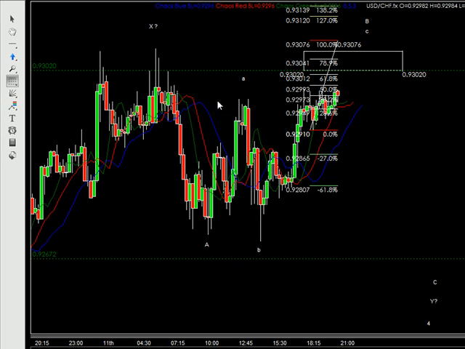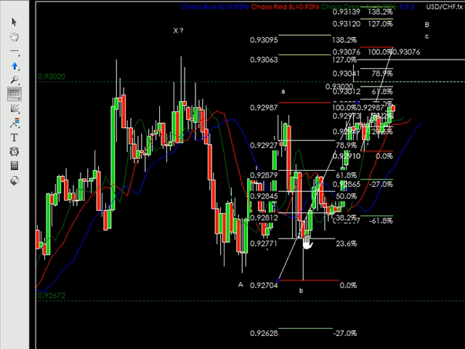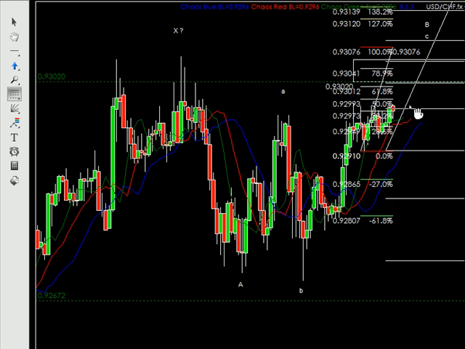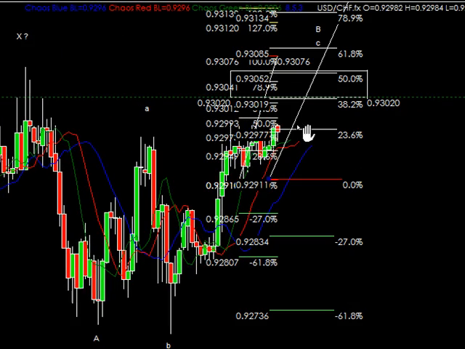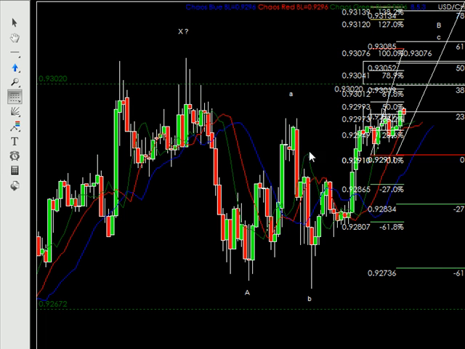There we go. This will be wave 1 to 3. Again projected on the bottom of wave 4.